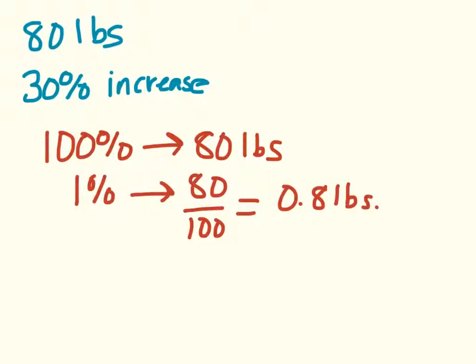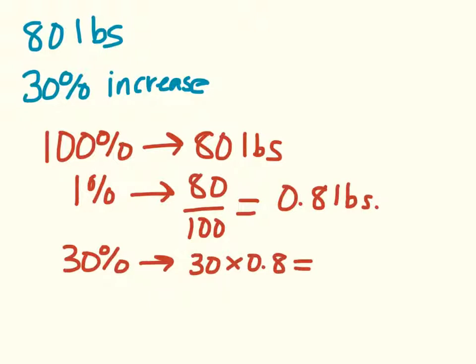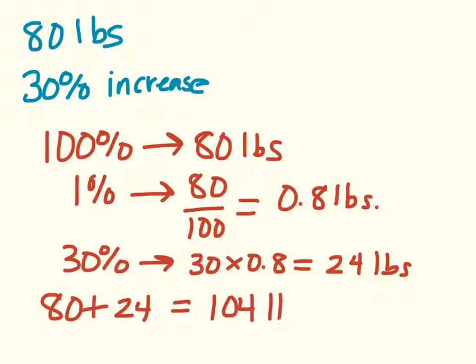So if 1% is equal to 0.8 pounds, then we need to multiply 30 times 0.8, which gives us 24 pounds. Once again, we add it all up to finish up. 80 plus 24 equals 104 pounds.